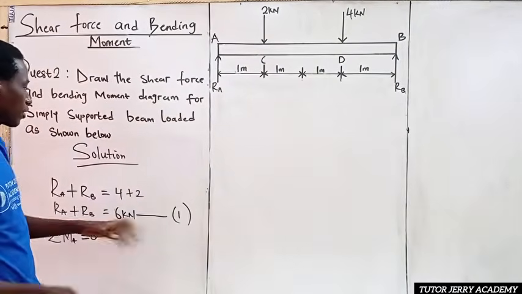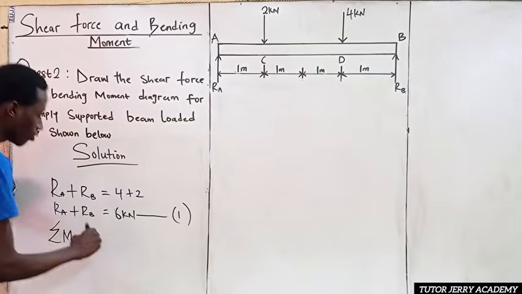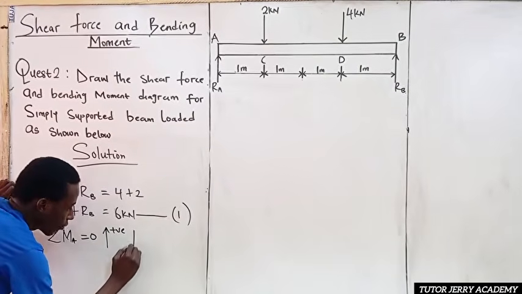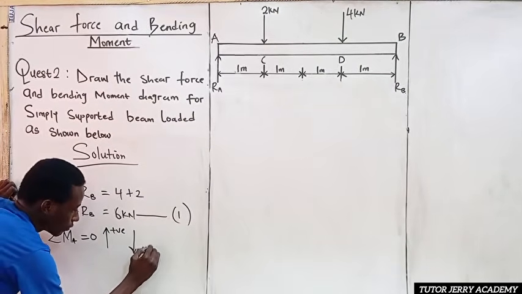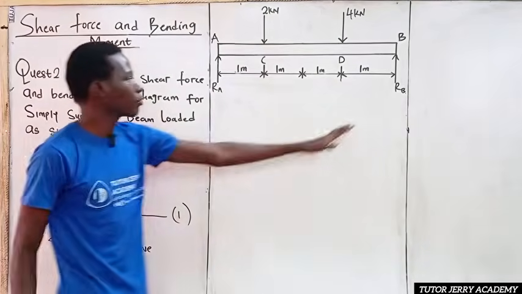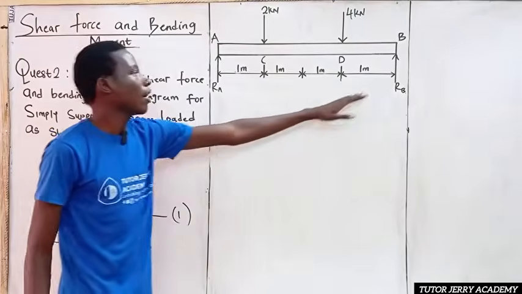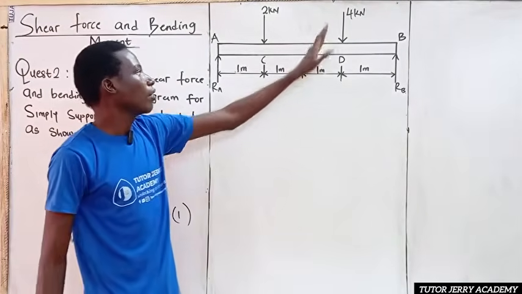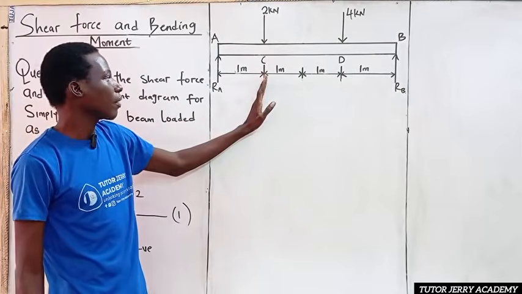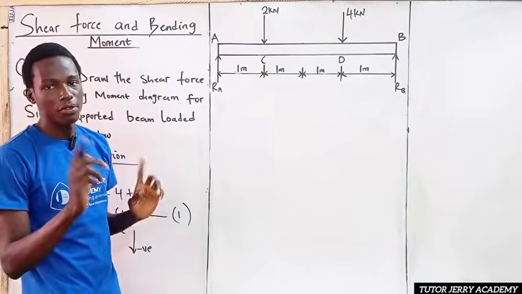Like we did in our previous video, we are going to be taking upward forces to be positive and downward forces to be negative. So it's going to be RB multiplied by 4 minus 4 multiplied by 3 minus 2 multiplied by 1.